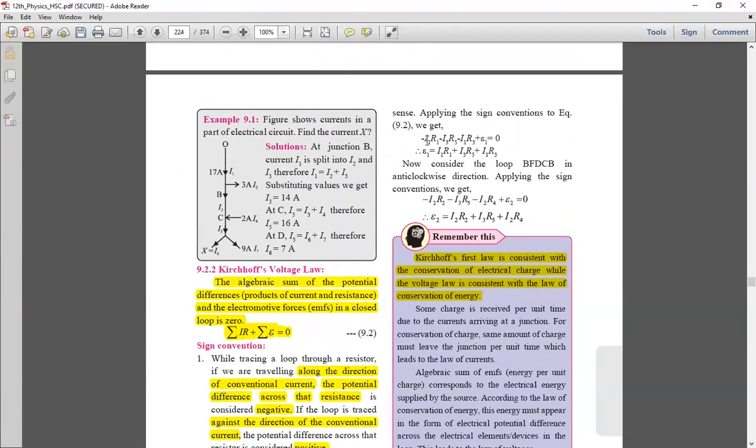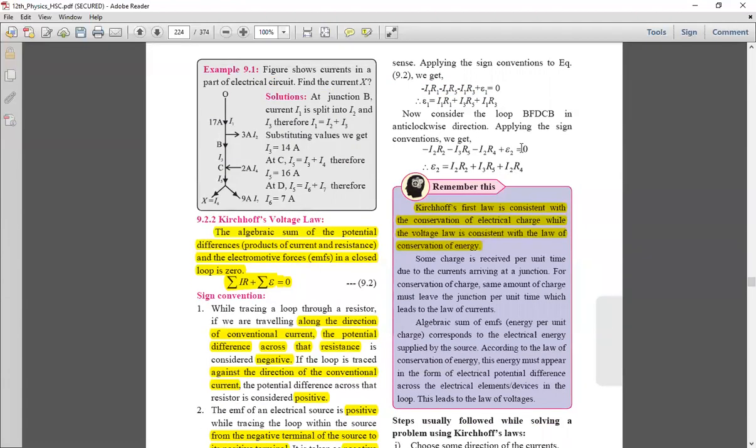All voltages across resistances are coming as negative, so it is written negative, and the EMF is E1. So the algebraic sum of all potential differences and the algebraic sum of all EMF is equal to 0. All negative terms are put on the right hand side.